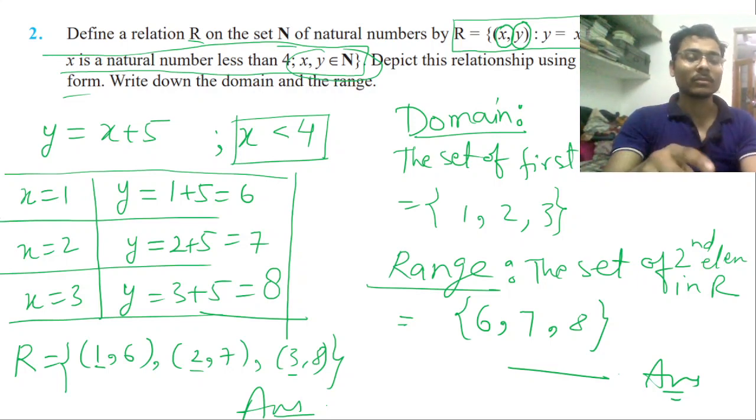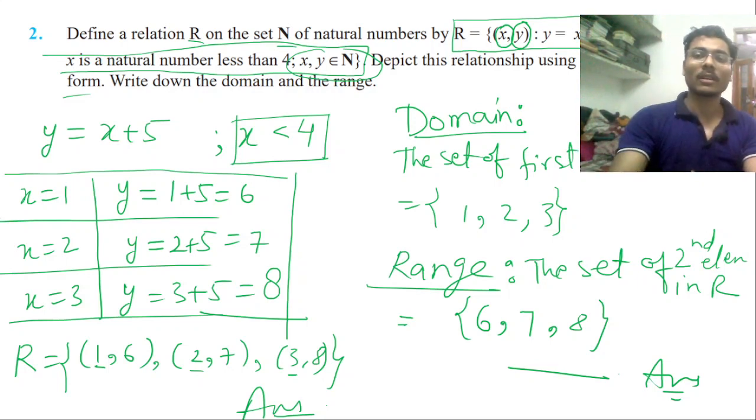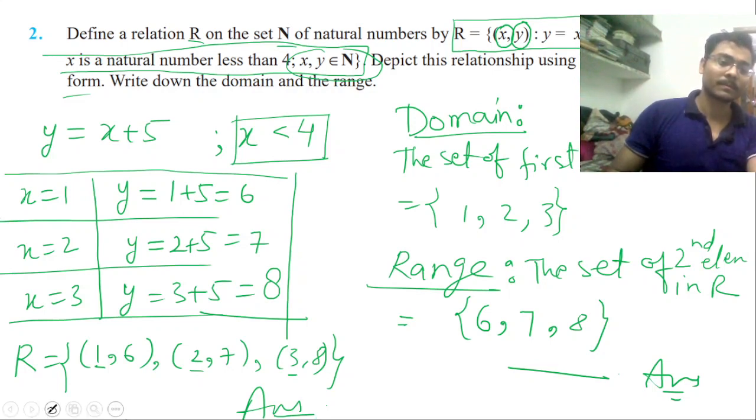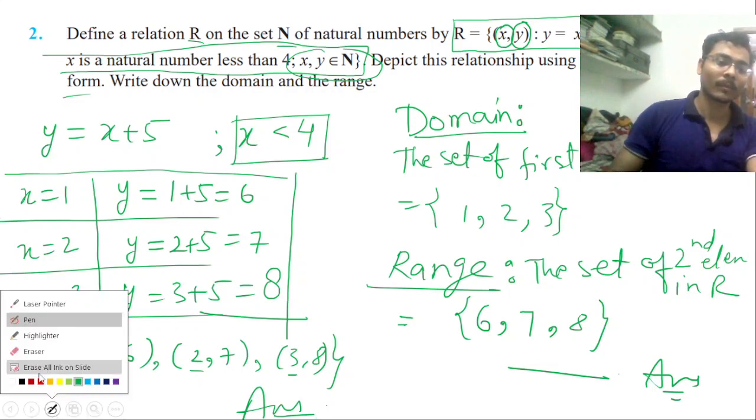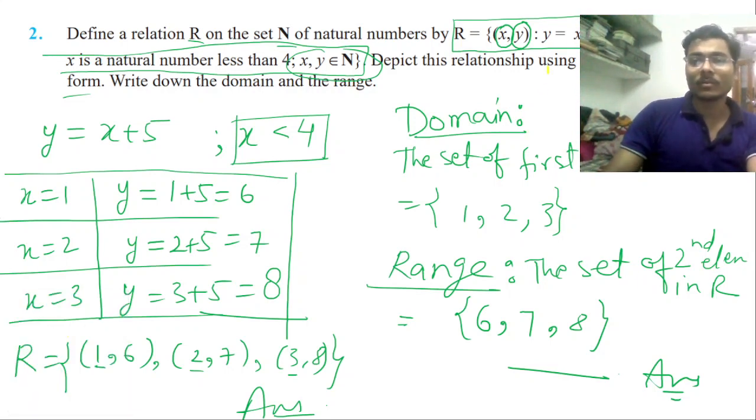So we put the value of x in this equation, y equals x plus 5, and we find the various values of y which will come when x is less than 4.